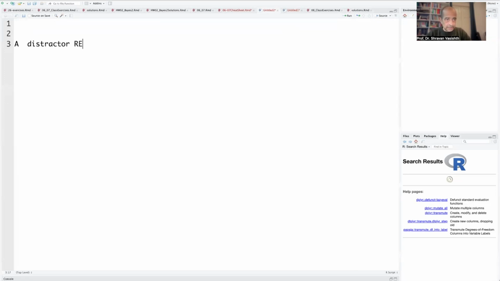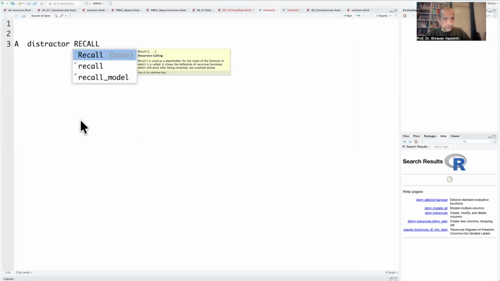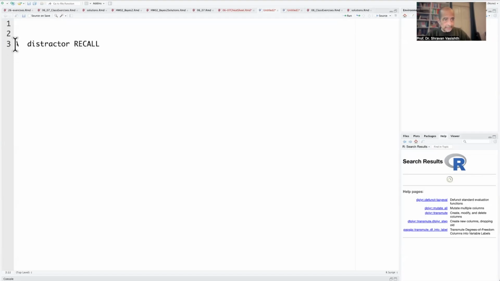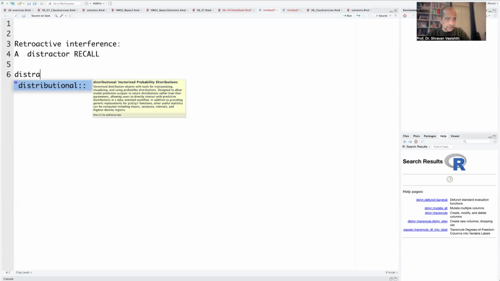If you have to recall the word A after having seen a distractor, you will have more difficulty recalling the word A because of the presence of that distractor. So that's called retroactive interference.